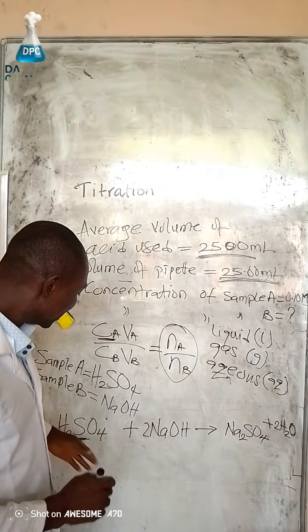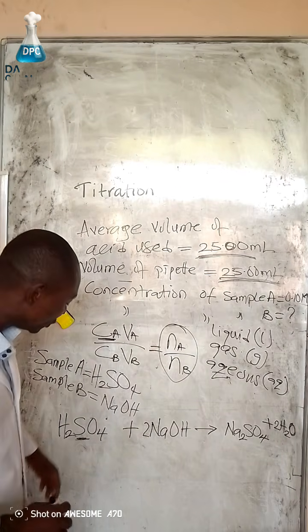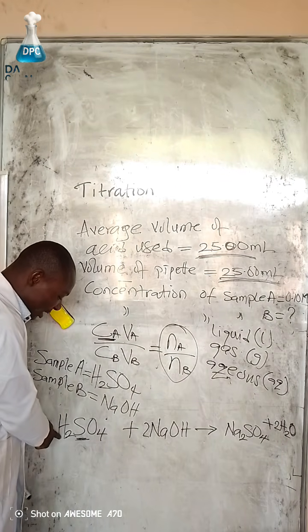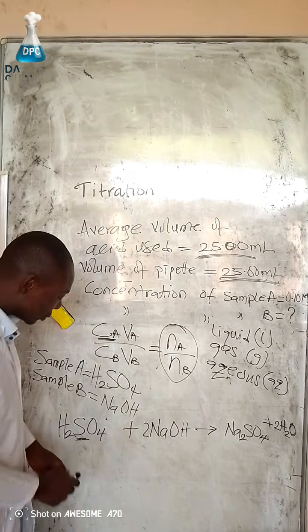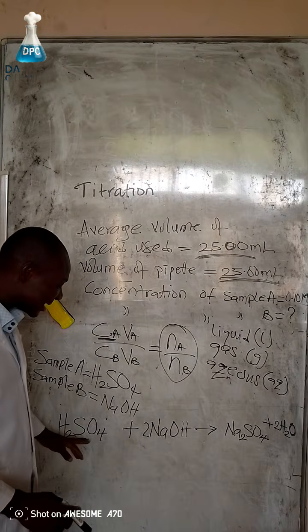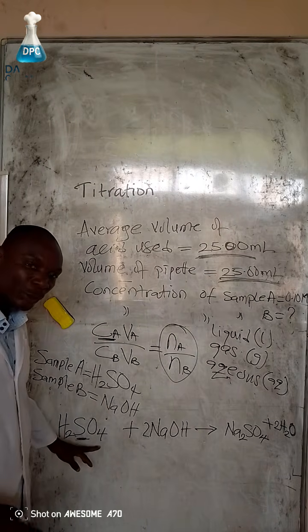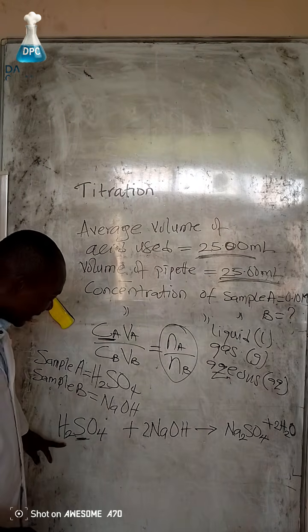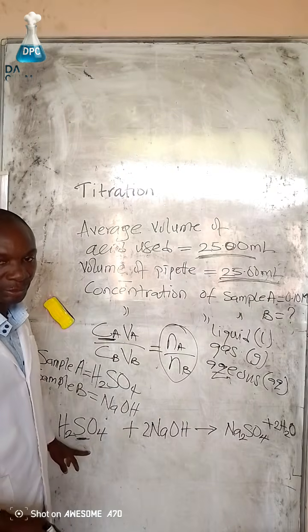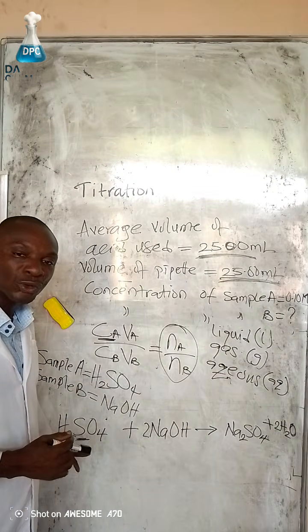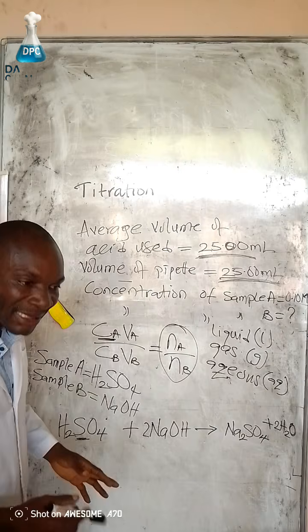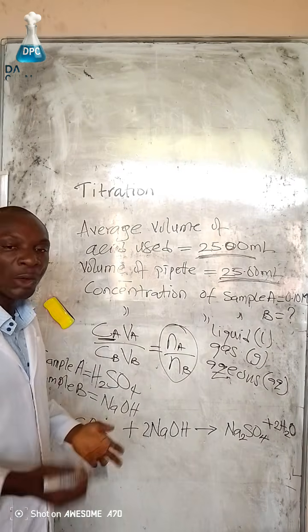Take note of that. Now, the tetraoxosulfate(VI) acid that you use is a dilute solution.